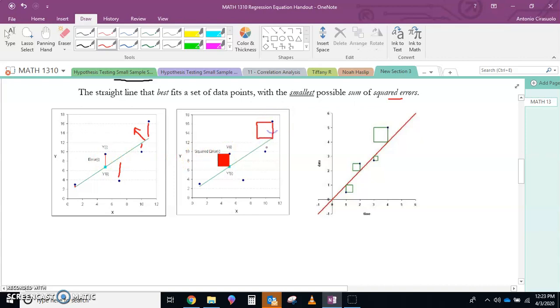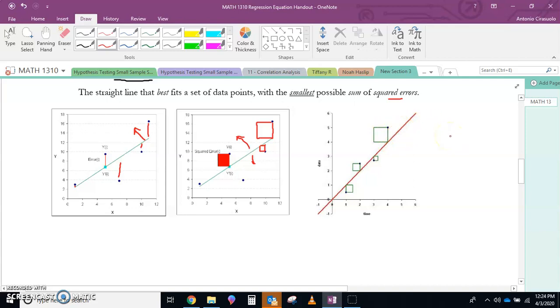Then we're moving the line in such a way that when we pivot it either up or down, the area of the squares is the smallest possible area, and that means that's the line that best fits through all the data.